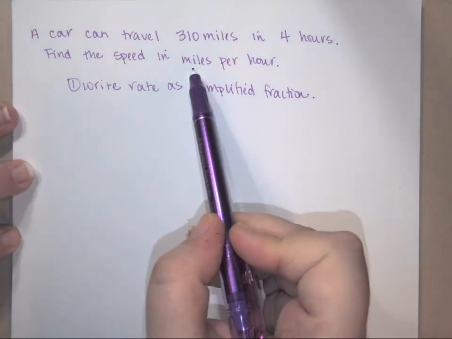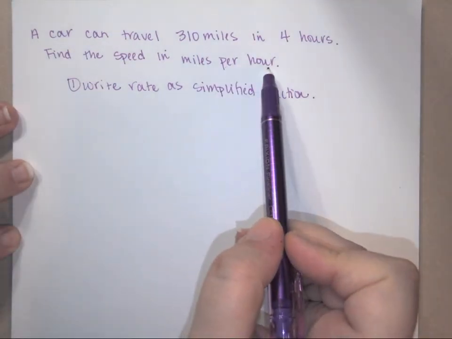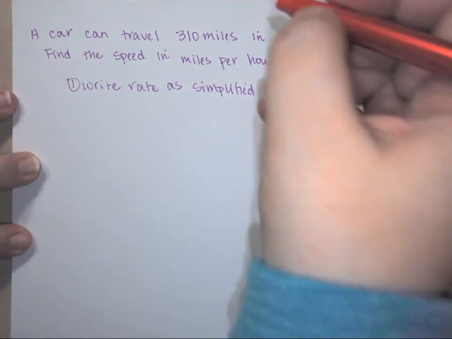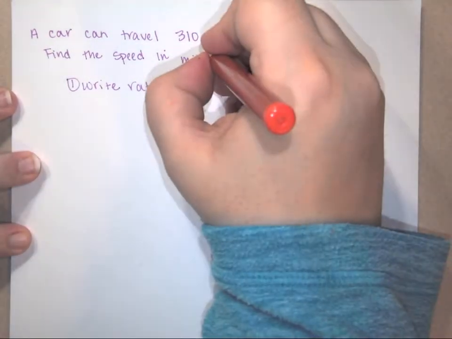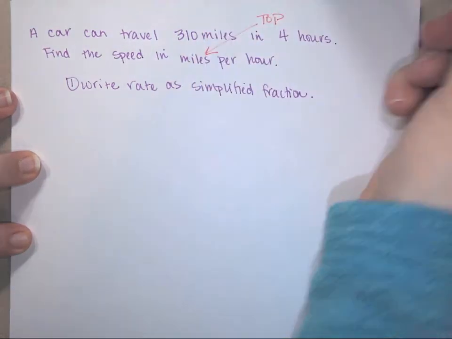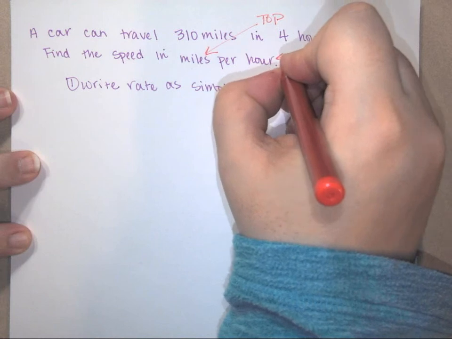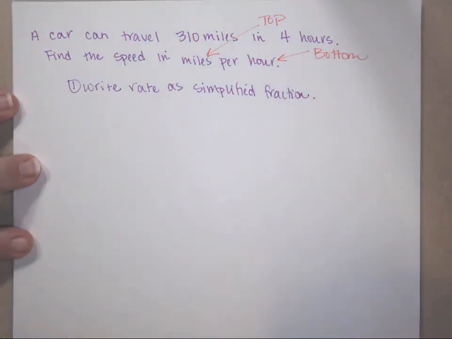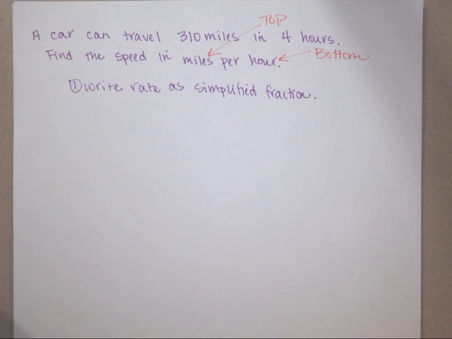So we want miles per hour. What this is telling us is that your miles here is going to be your top, and the hours here is going to be the bottom of your ratio fraction.